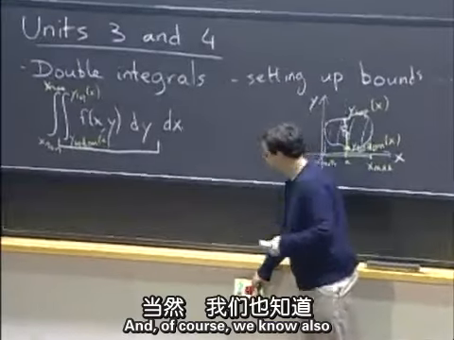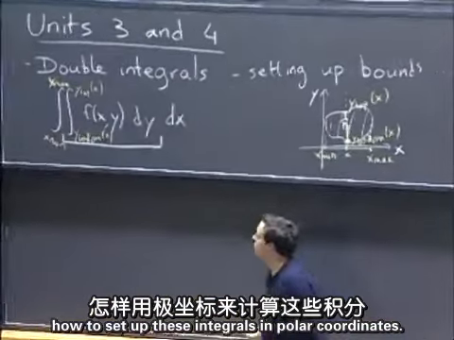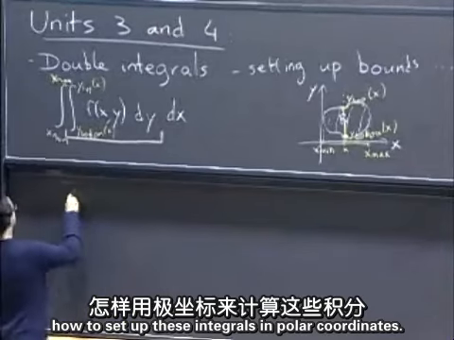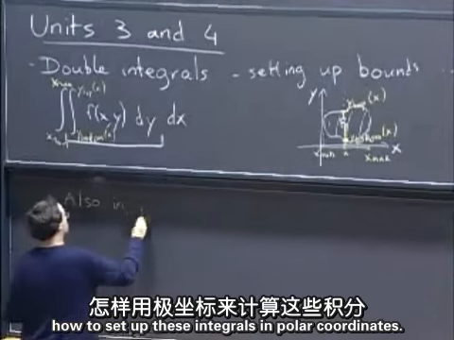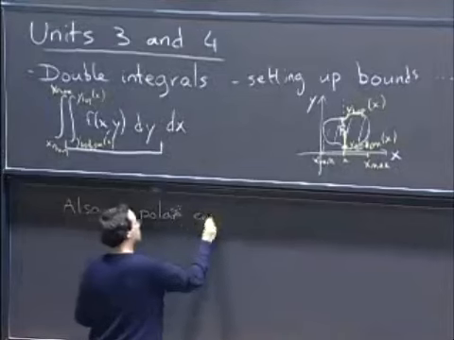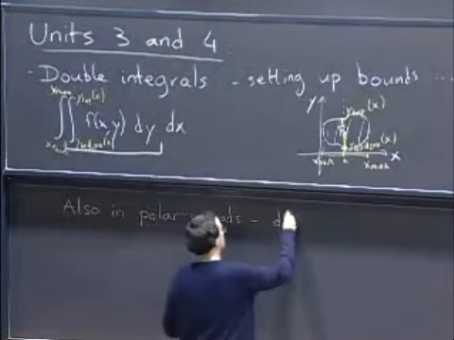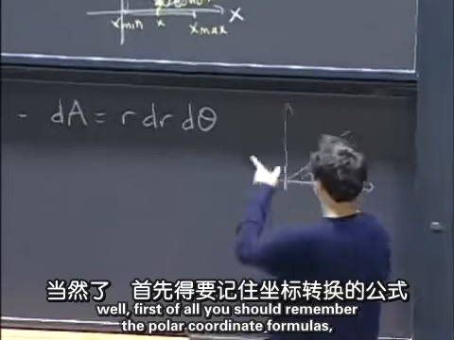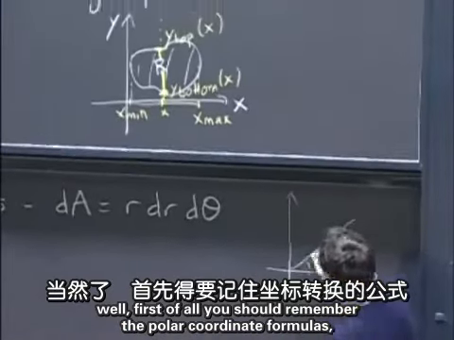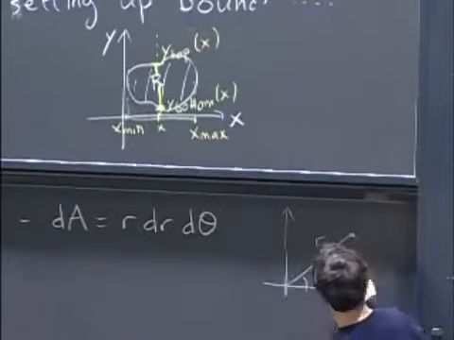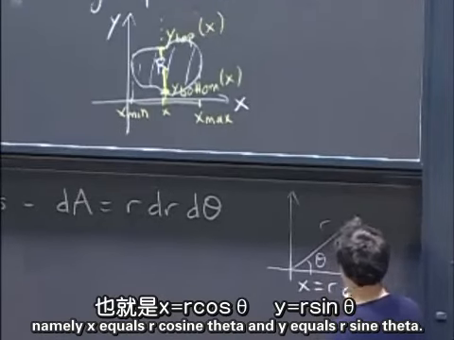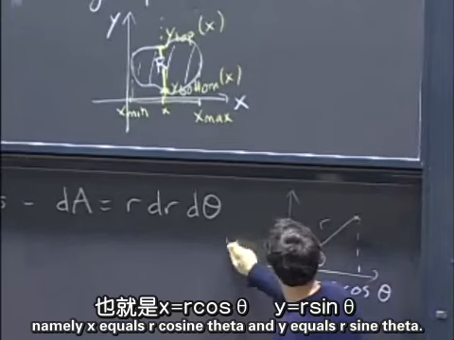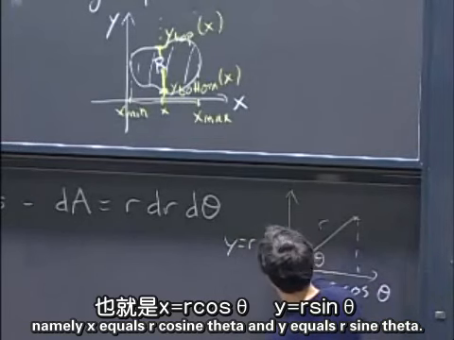And of course, we know also how to set up these integrals in polar coordinates. And then the area element becomes r dr d theta. And because you integrate first over r, well, first of all, you should remember the polar coordinate formulas, namely x equals r cosine theta and y equals r sine theta.